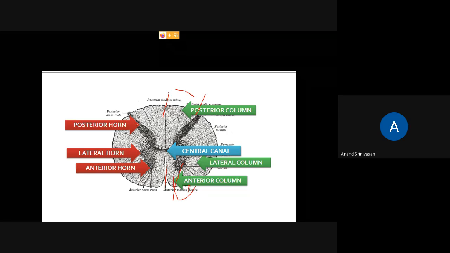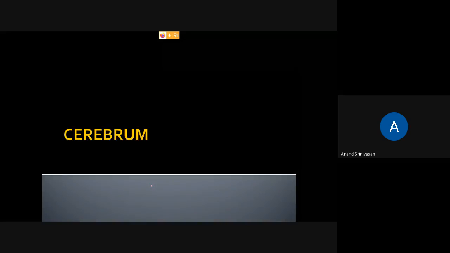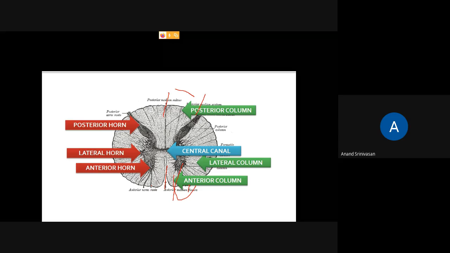Okay, so dorsal horn, ventral horn, and lateral horn. Similarly dorsal column, ventral column, and lateral column. So these are the differences between the horns and the columns. Any doubts?